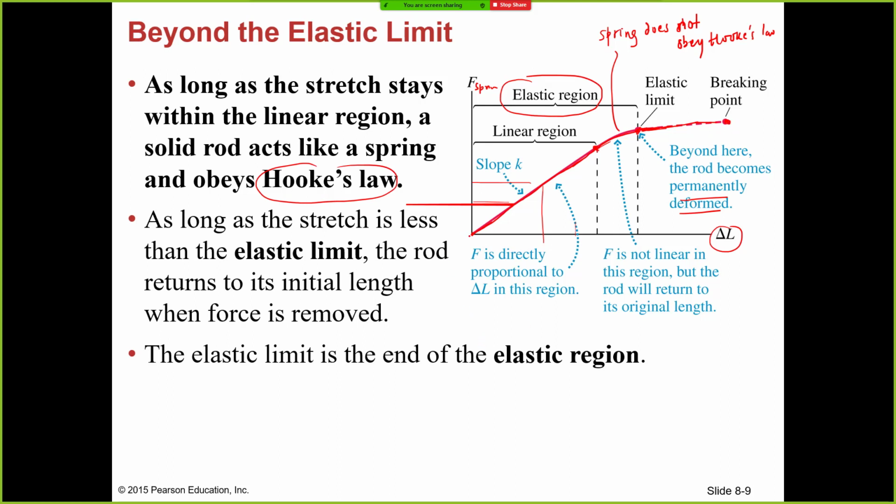So you start applying force, you see a linear relationship, then after a certain point you see a nonlinear relationship, then there is permanent deformation of the object, and then at some point it will break. So this is the maximum force the object or the wire can withstand.